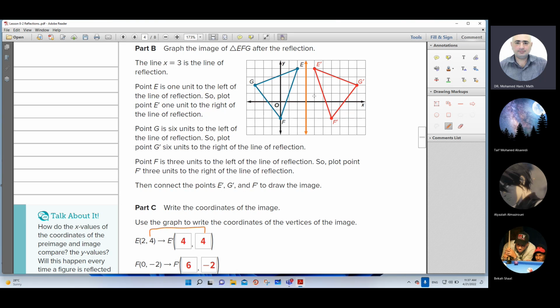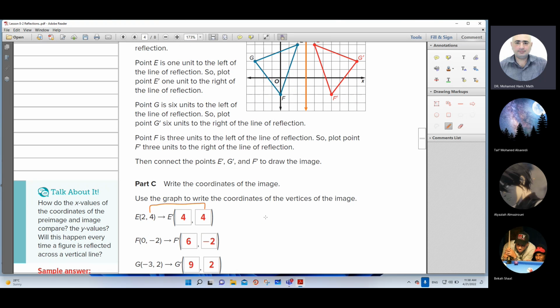If the line of reflection is parallel to the y-axis, the points have the same y, but different x. And also here we have the same y but different x, and also here the same idea.